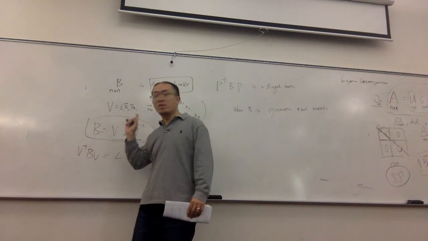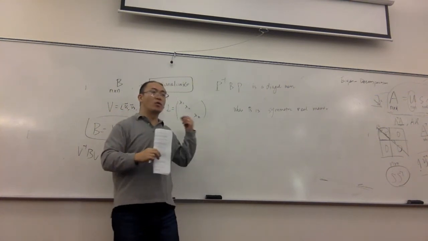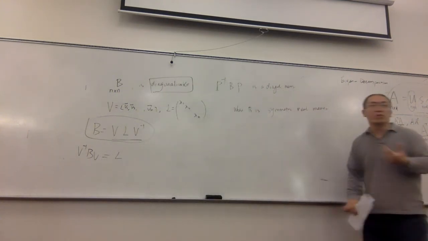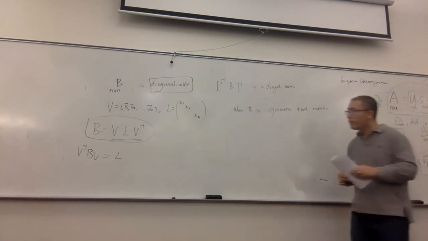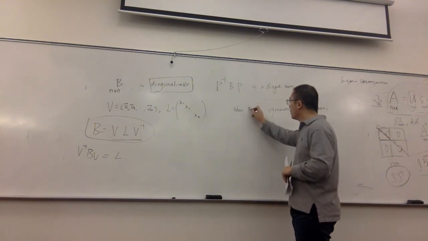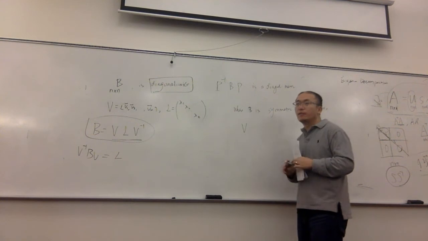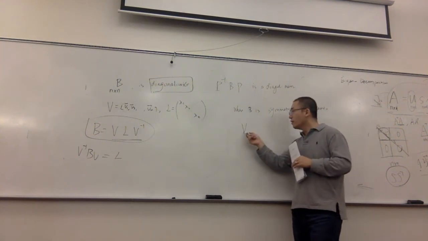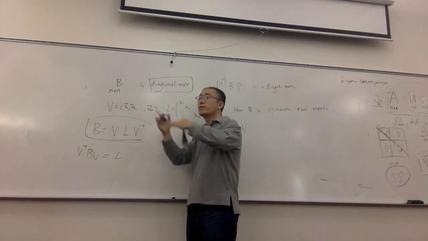It is possible that V and lambda could be complex values. But if B is a symmetric real-valued matrix, first B is symmetric, second B is real-valued, then we can always find a set of orthogonal eigenvectors, meaning that those eigenvectors are orthogonal to each other.